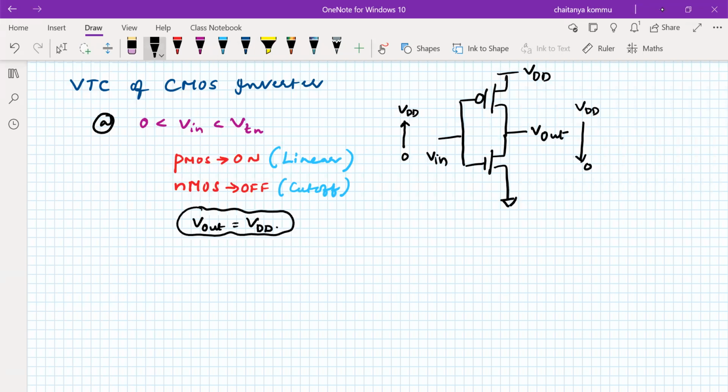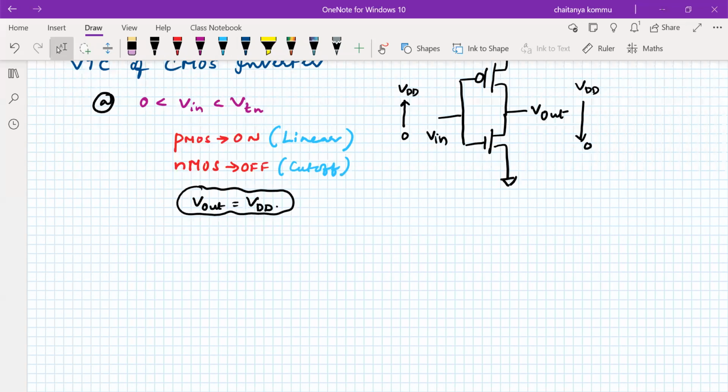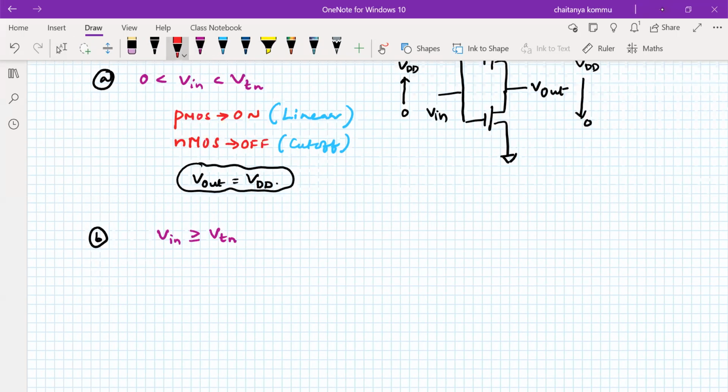Agreed? So that is the characteristic we have drawn, and the second case is what happens if VIN is greater than or equal to the threshold voltage of an NMOS transistor. Here also we found that the PMOS transistor remains on, and NMOS comes into the picture.